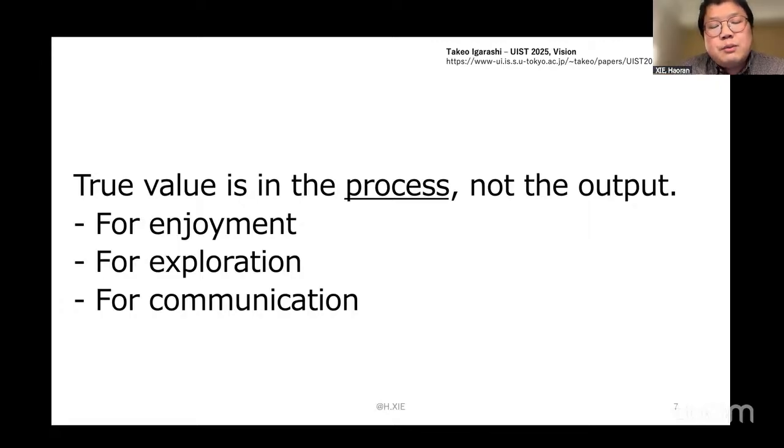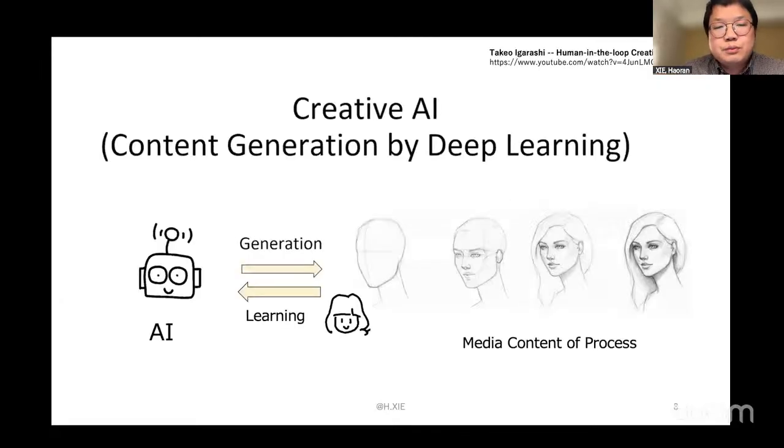For some special reasons, for example, for enjoyment, for exploration, for people to communicate with each other, that is the core part for the future. We should think more about content creation tools, whether using generative AI or any other tools.